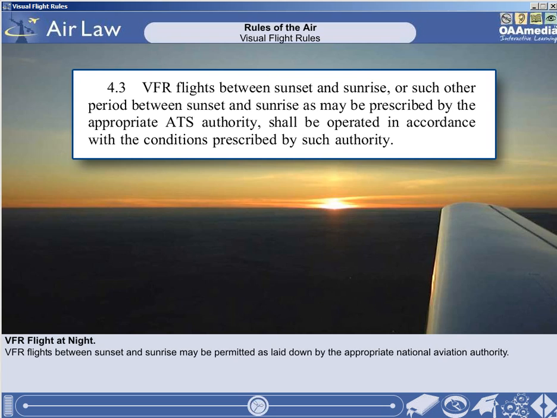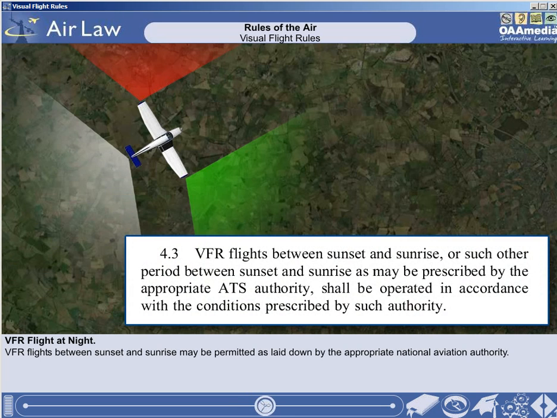And in the United Kingdom, VFR flight at night is not permitted. All night flying in the United Kingdom must therefore be conducted in accordance with the instrument flight rules. Although pilots do not need to possess an instrument rating to fly at night in the United Kingdom, they must, however, hold a night qualification.